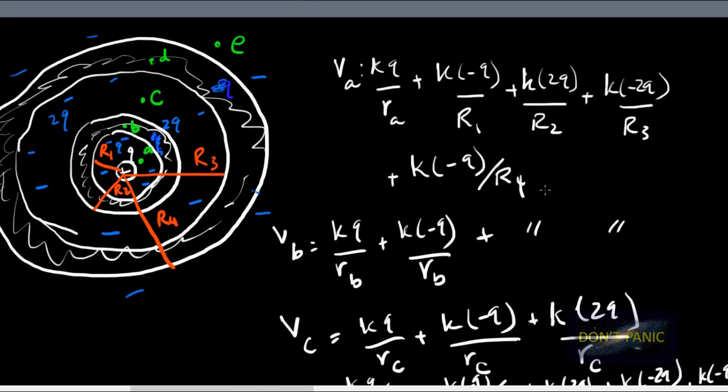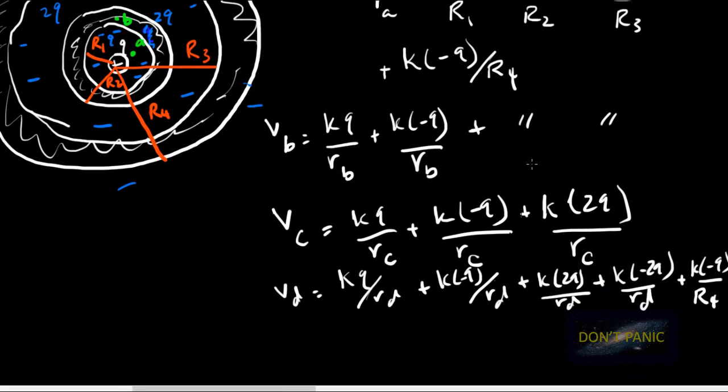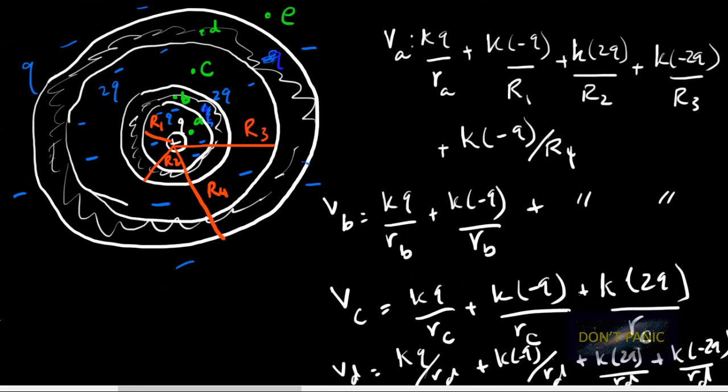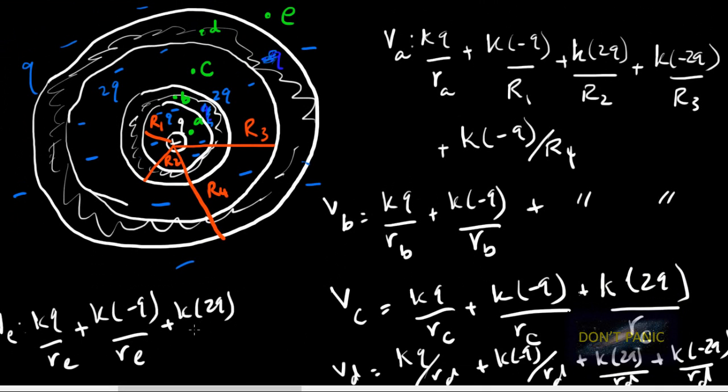Okay, and then finally at E, what's gonna happen is, let's just do it here. Potential at E is going to be KQ over RE plus K times negative Q over RE plus K times 2Q over RE plus K times negative 2Q over RE.